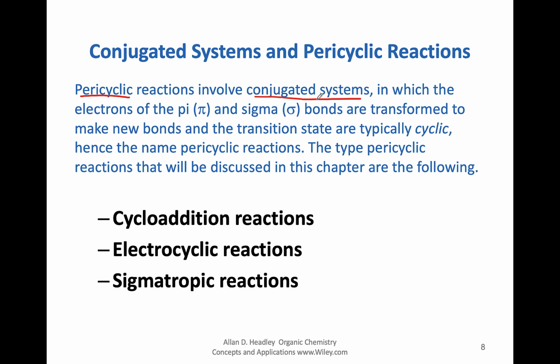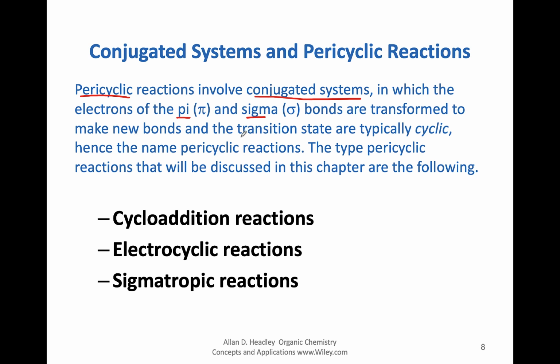Pericyclic reactions involve conjugated systems in which electrons of the pi and sigma bonds are transformed into new bonds. So the pi bond, which is adjacent to the sigma bond, or the double bond adjacent to the single bond, are now transformed into new bonds.